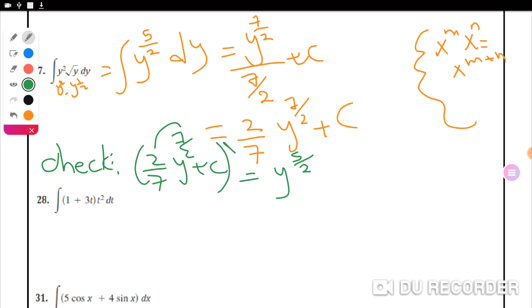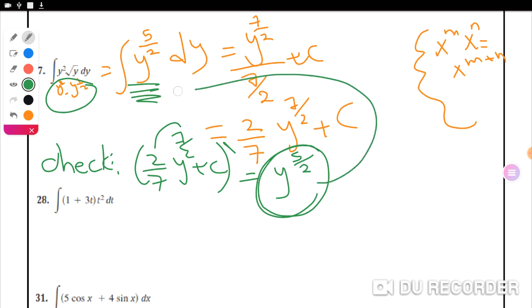The derivative of this one will be y squared times half. Compare the derivative of the antiderivative with the integrand function after we rewrite it. I hope you understand, okay?